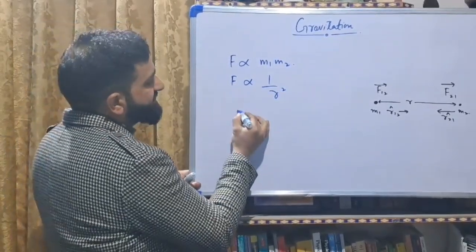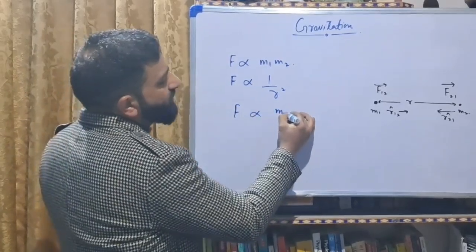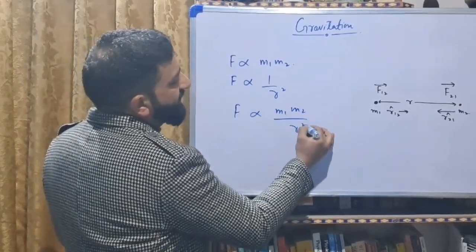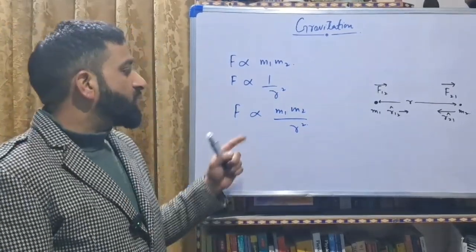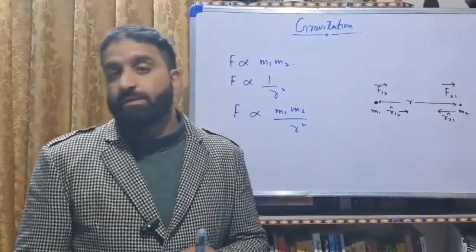Combining these two facts, F is directly proportional to m1 m2 divided by r square. Now, this is a proportionality sign. In order to remove the proportionality sign, we have to introduce a constant of proportionality.